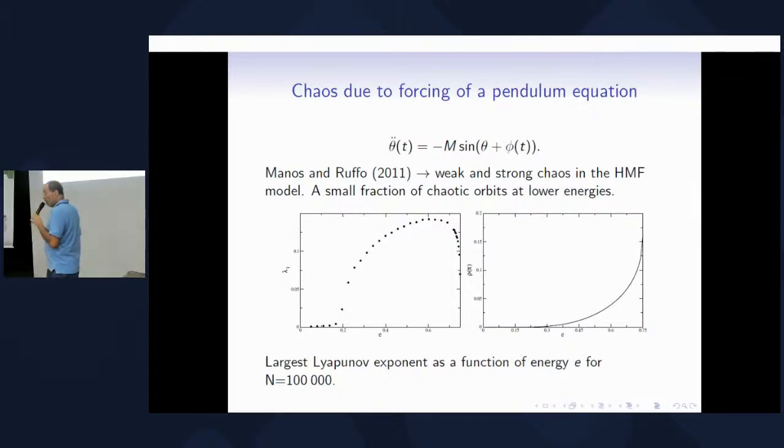We don't have time to go into details, but this coupling will result in a transition from weak to strong chaos, which is measured here by the Lyapunov exponent of the motion of this pendulum.